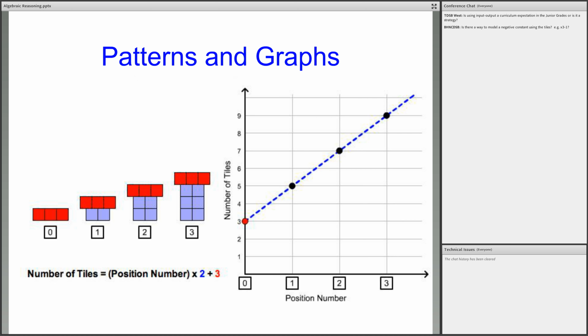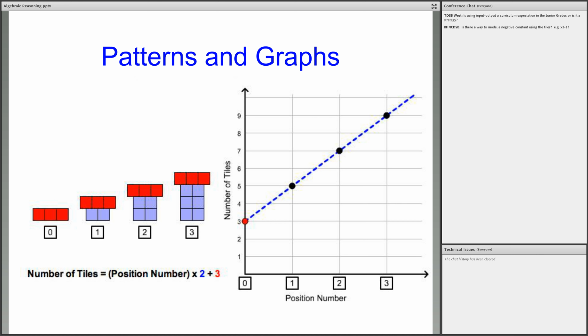So that's where position 0 is. So we do exactly the same thing. We give them a rule, have them build position 0, position 1, position 2, position 3 with the tiles. And again, they're just counting that number of tiles and plotting the points on the graph that represent the number of tiles in their position.